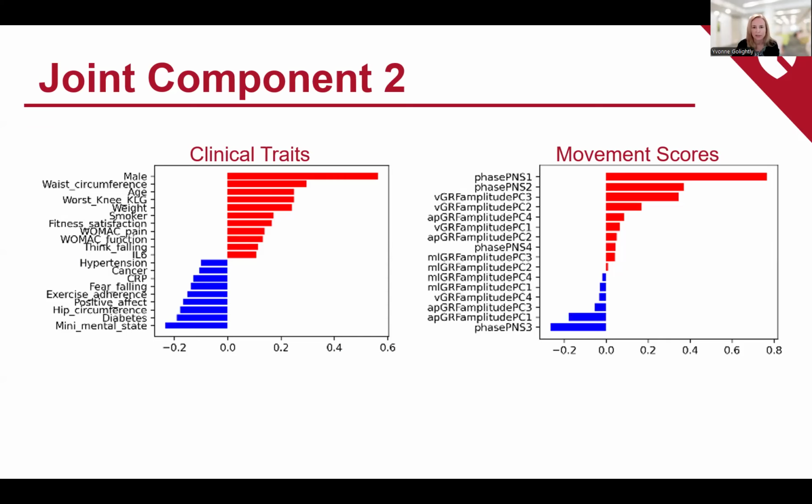Then on the right, in the movement scores block, the largest positive loadings in red were for the first 2 phase modes and then the third mode of vertical ground reaction force amplitude variation. Looking at both blocks, the first 2 phase modes and the vertical ground reaction force amplitude mode are highly positively related to male sex.